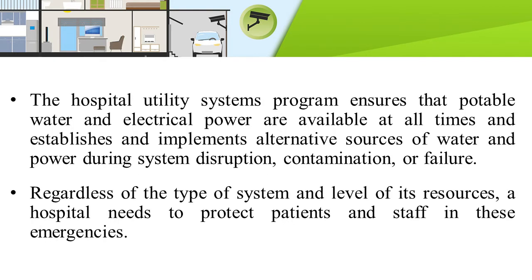The hospital utility systems program ensures that potable water and electrical power are available at all times and establishes and implements alternative sources of water and power during system disruption, contamination, or failure. Regardless of the type of system and the level of its resources, a hospital needs to protect patients and staff in these emergencies.